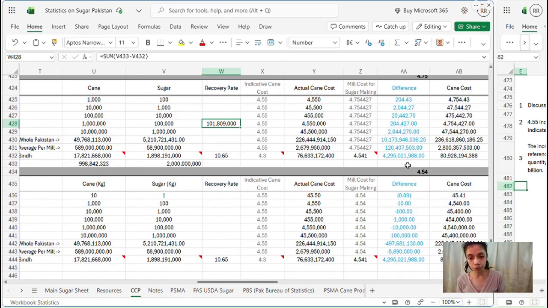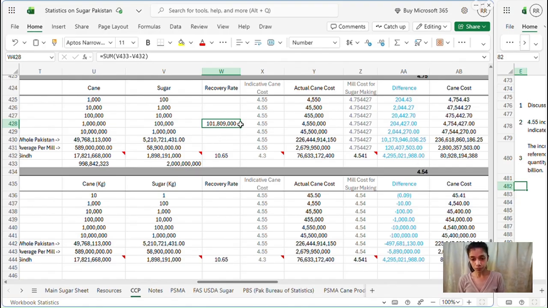So this amount 4.2 billion is going to generate 101,809,000 kgs of sugar more when the value is this.